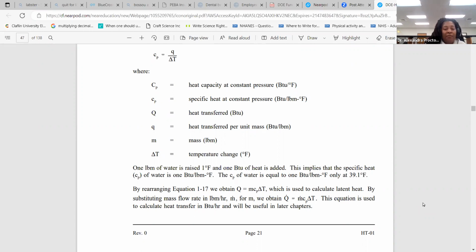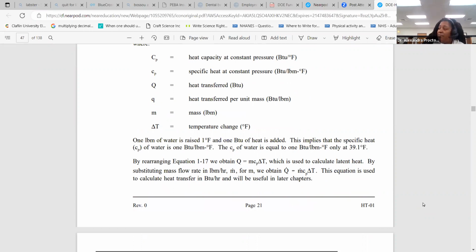By substituting mass flow rate in pound mass per hour, M with this dot over it, for M, we obtain that Q with this dot over it is equal to M with this dot over it, Cp, lowercase c, delta T. And this equation is used to calculate heat transfer in BTU per hour, and you'll see this equation become useful in later chapters.